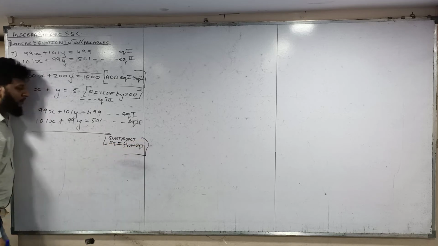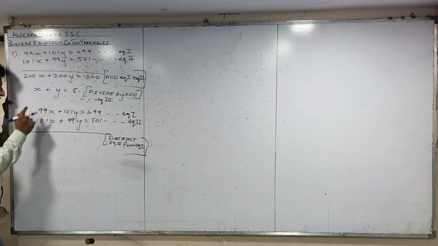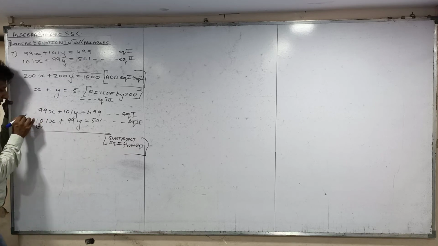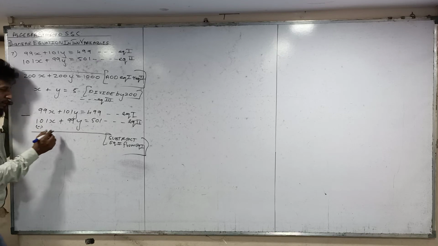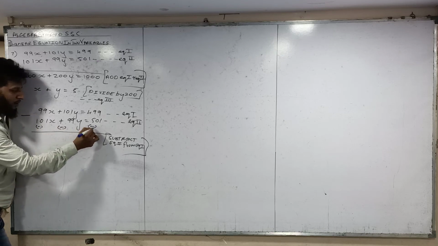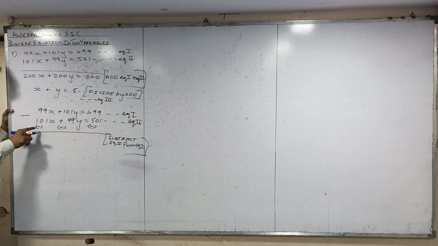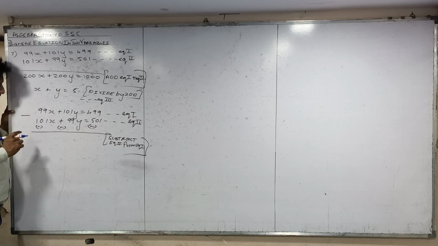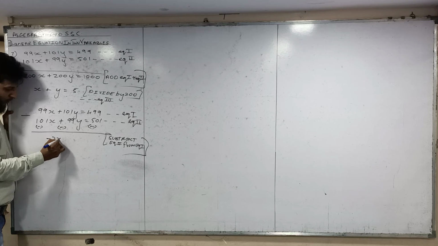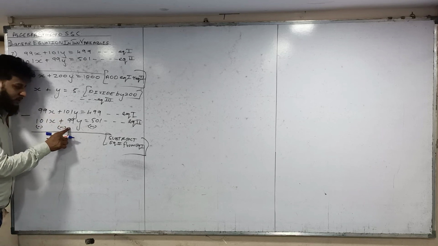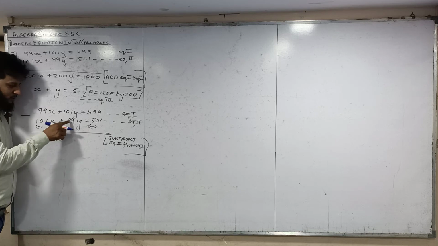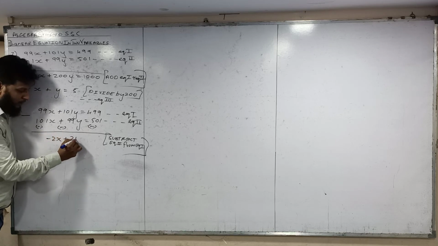Okay. So when we are subtracting 2 from 1, we'll change the sign. Put a big sign of minus in the middle. Minus, minus, and then minus. So this is minus 101 and this is plus 99. That means minus 2x. This is plus 101y and this is minus 99y. See this sign with this. Okay. So plus 2y.